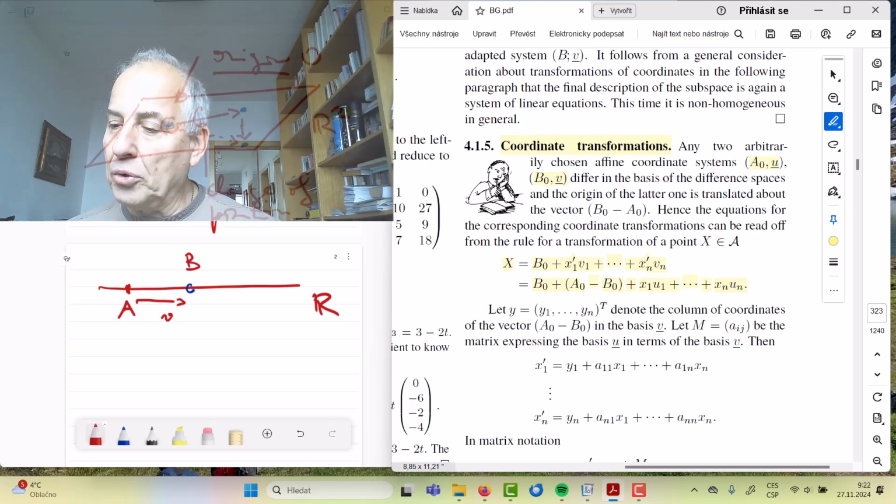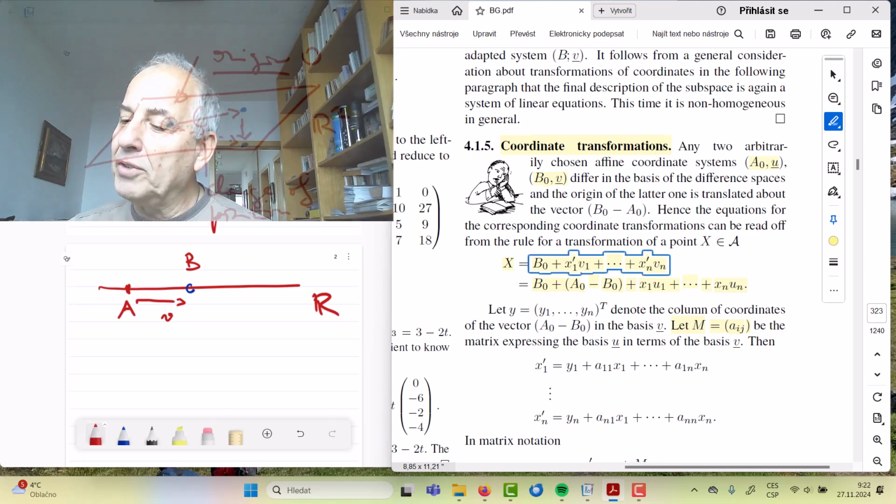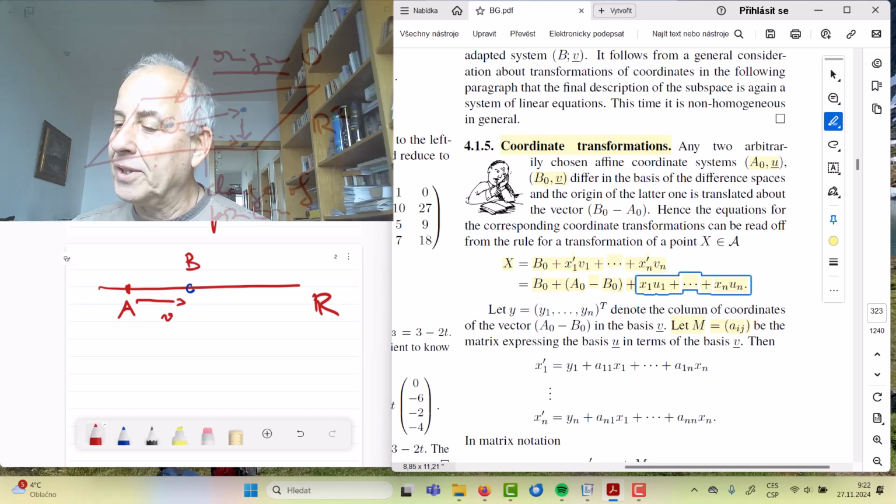And so clearly the new coordinates will be computed in such a way where the matrix M is just the matrix which expresses the basis U in terms of the basis V, right? Because for each of the V's we express them via U's, and that's exactly what we have to write there.